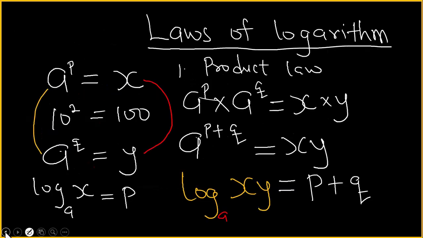Now the second law also obeys the second law of indices, which is the quotient law. So with the quotient, from the same preamble, we have a raised to the power p equals x, a raised to the power q equals y.